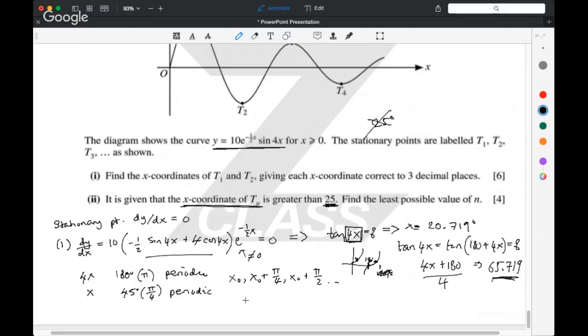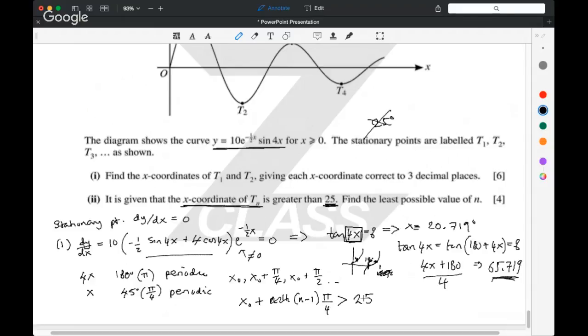So we want x naught, the first x, plus n minus 1 times pi over 4 (because it starts from 1) to be greater than 25 in radians.